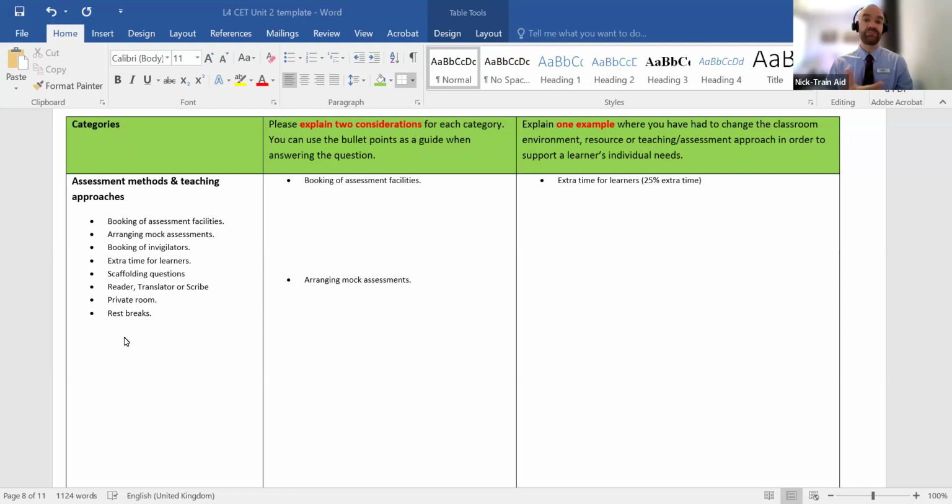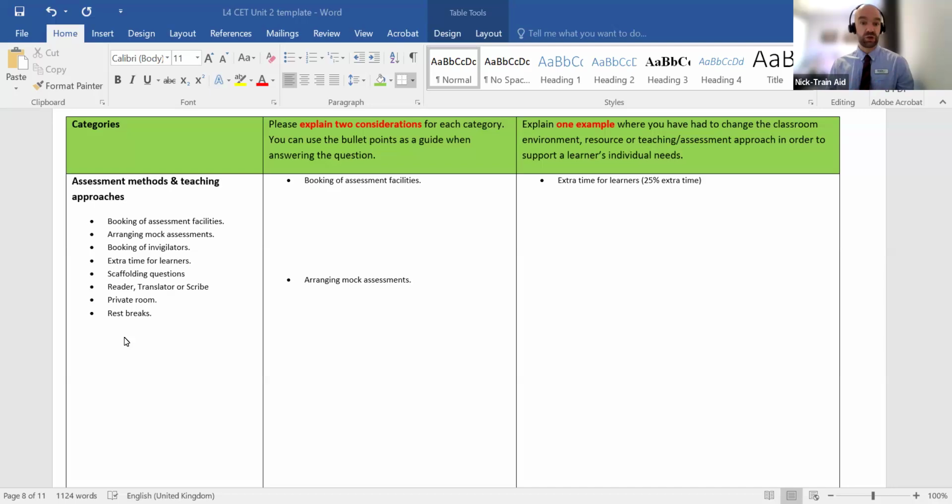And also emailing your learners and giving them information. Where and when will the assessment take place? What do they need to bring? Are there any rest breaks as well? What's to be expected? You could also arrange for mock assessments as well. So that could be something that you fit within your scheme of work.